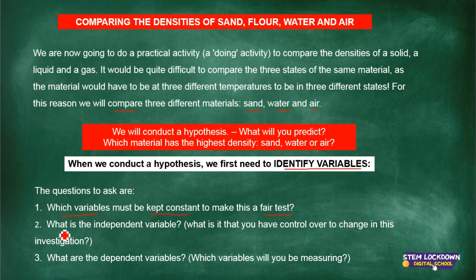Okay, so another question for you to ask is, what is the independent variable? That means, what do we have control over in the investigation, and what are the dependent variables? The most important thing for you to know is what the independent variable is and what the dependent variable is.